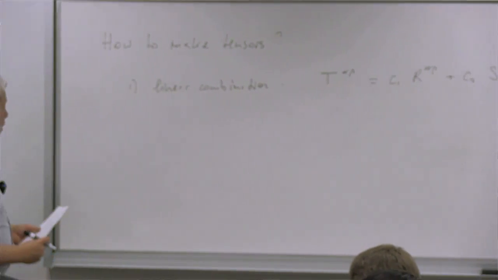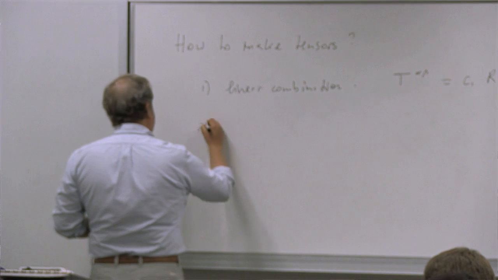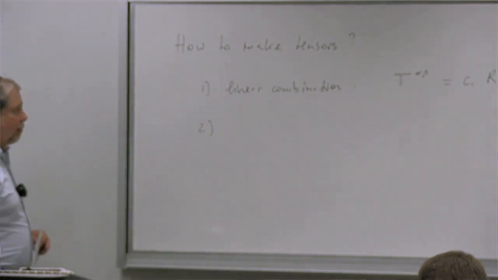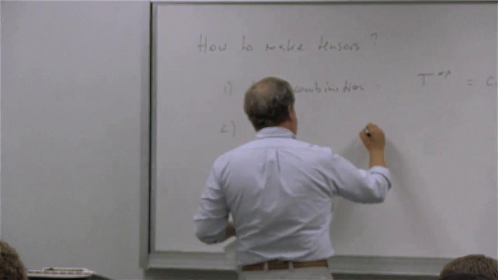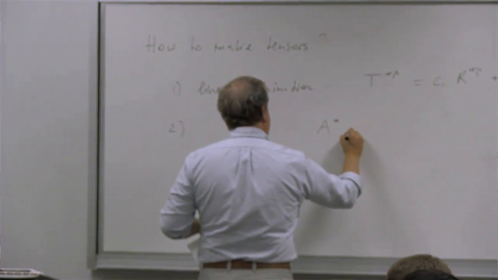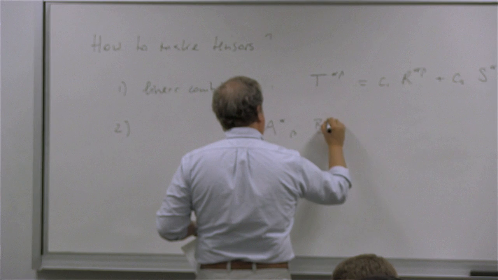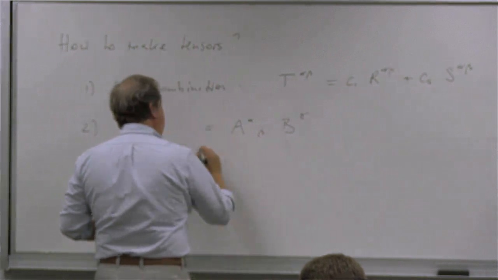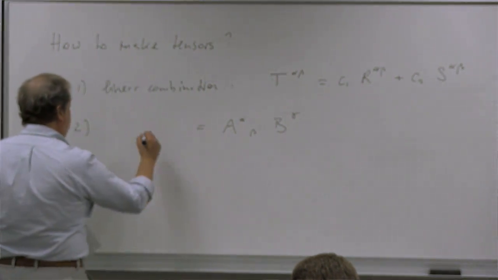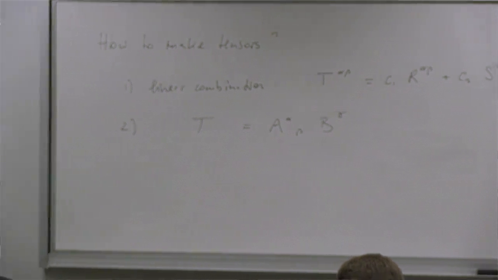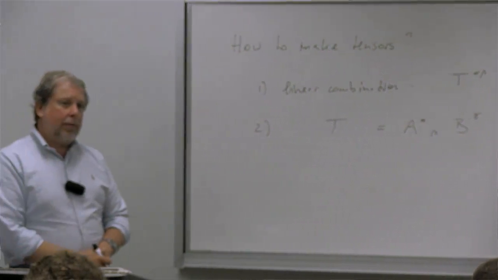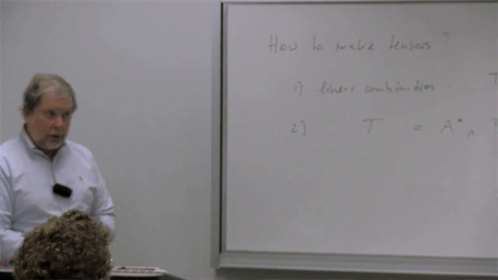So that is one possibility, to take a linear combination, and the other possibility is to do a direct product. In other words, if you take A alpha beta and B gamma, then this is also a tensor, and it is a tensor that inherits the correct tensor properties from the original tensors.